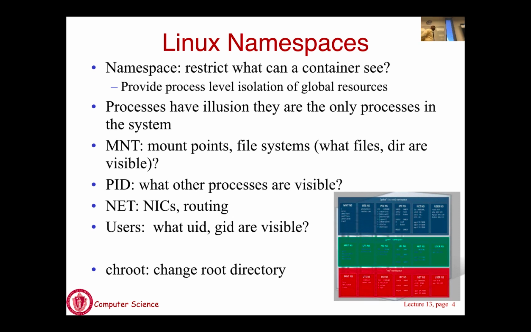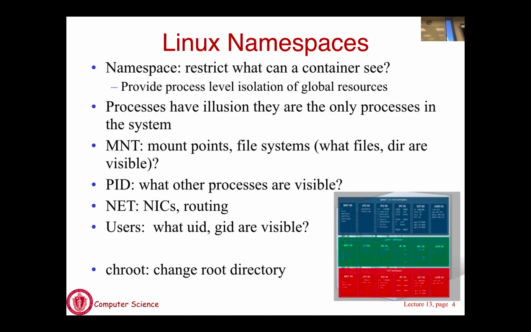So, if you are a process in a container and you try to send a message to a process outside the container, it is not going to work. But more fundamentally, if you actually do something like ps, which allows you to see all the processes that are running, you will only see that subset. Even though if you run ps outside, you see all the processes in the system, from inside you only see those processes.